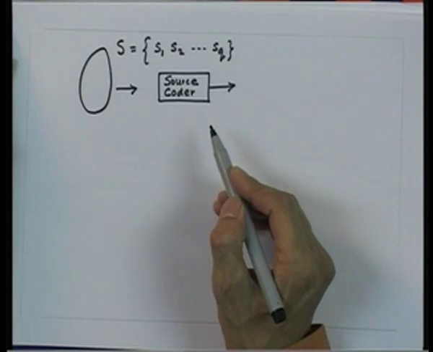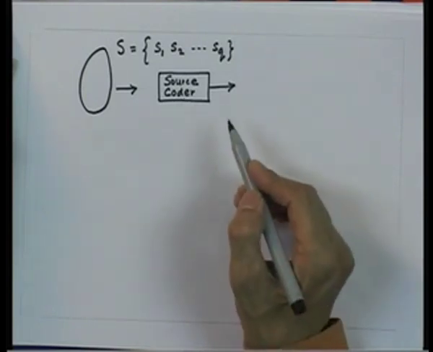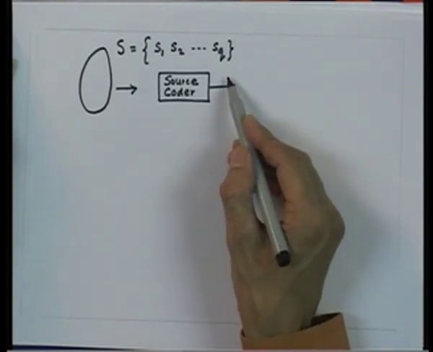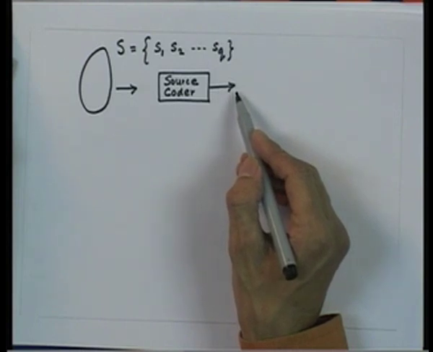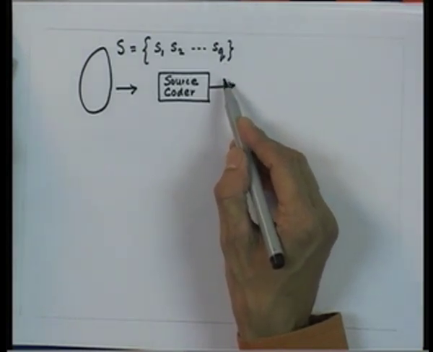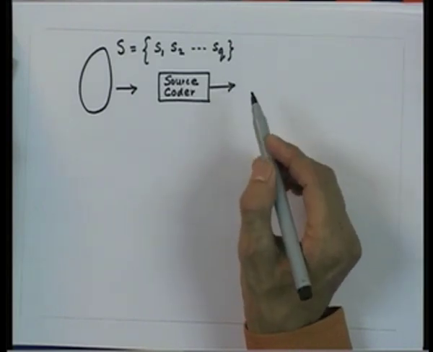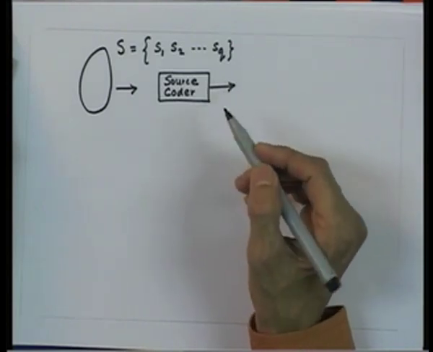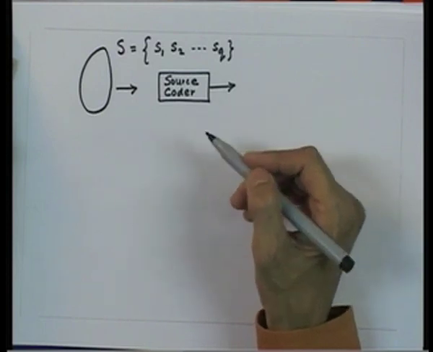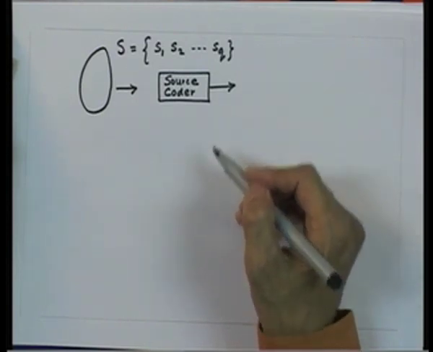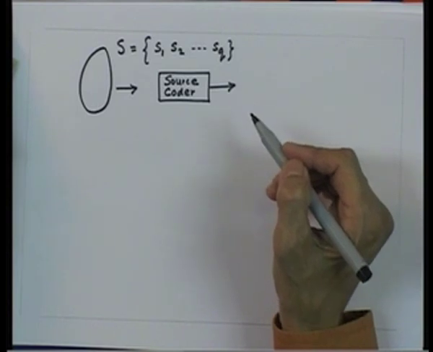As we have said, the efficiency of the source coder will be decided by the compactness of the messages, and this can be measured in terms of the average word length or average code word length. We will look into the definition of all these terms as we progress today.